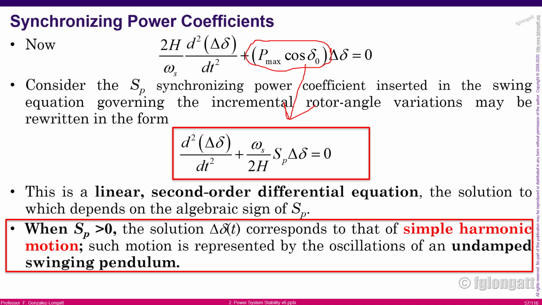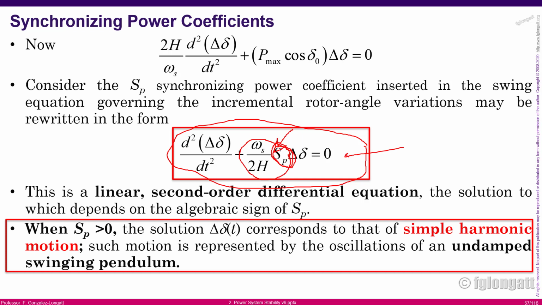But the beauty here is that if you look at this new equation that we have over here, this is a second order differential equation, okay, in terms of delta delta. Here we have a constant, okay, a constant. But the synchronizing coefficient is what defines the shape of the solution of this differential equation.